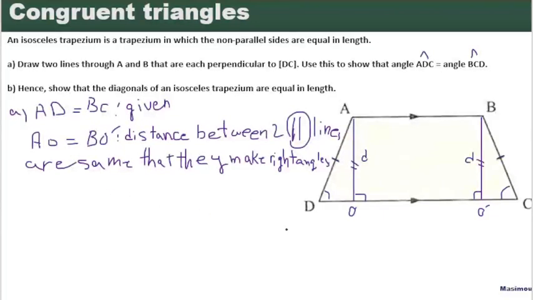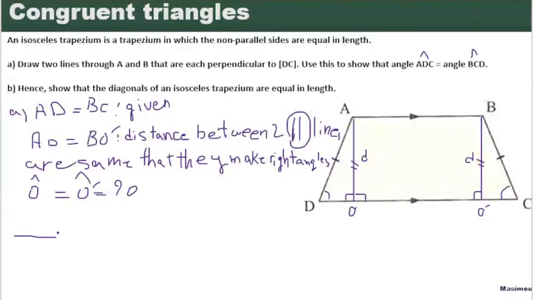And the third one, given again. It says perpendicular, which means angle O equals angle O prime. When I am talking about perpendicular, it means 90 degrees.